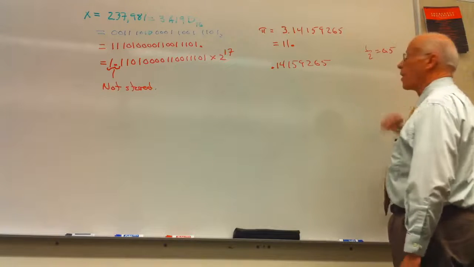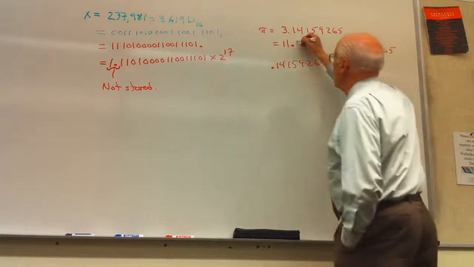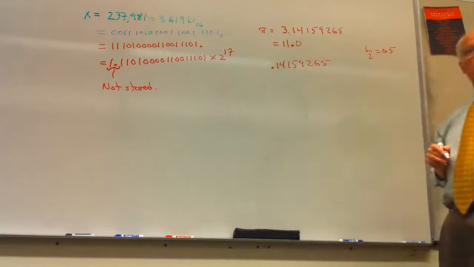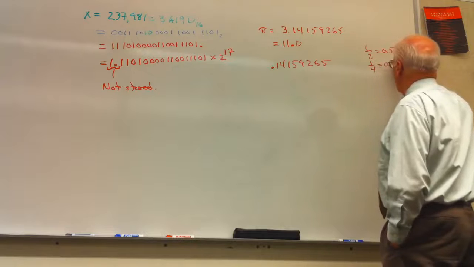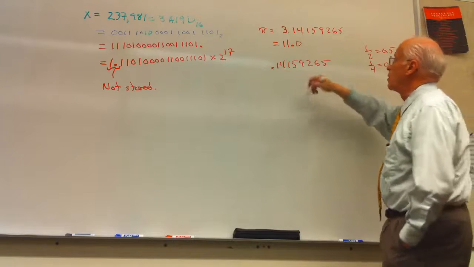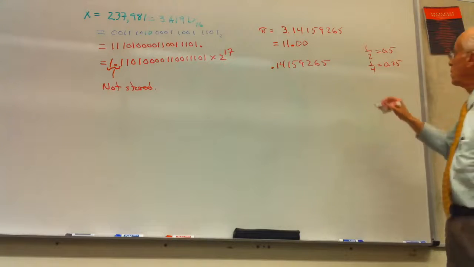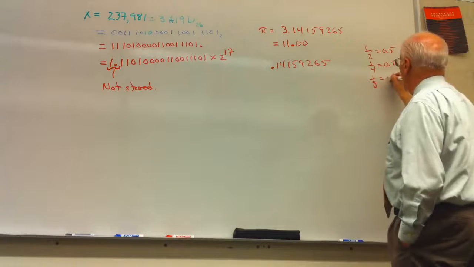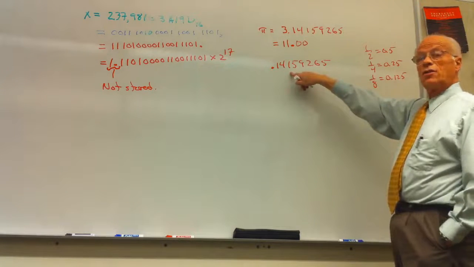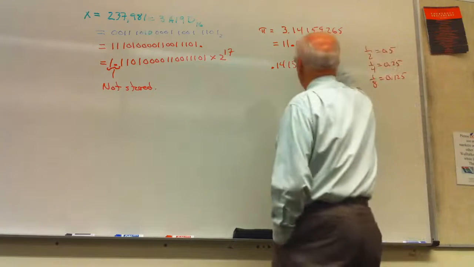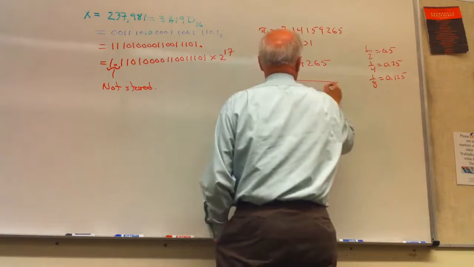1/2 is 0.5. It's not as big as 0.5, so my first digit out here is going to be 0. Come down to 1/4, 0.25, still not that big, so the next digit's a 0. 1/8 is 0.125. That's less than this one, so I'll put in a 1 here and I'll subtract 0.125.